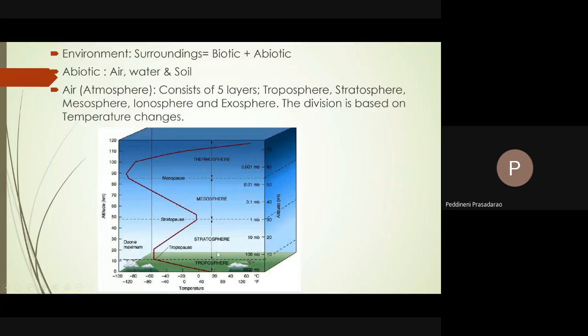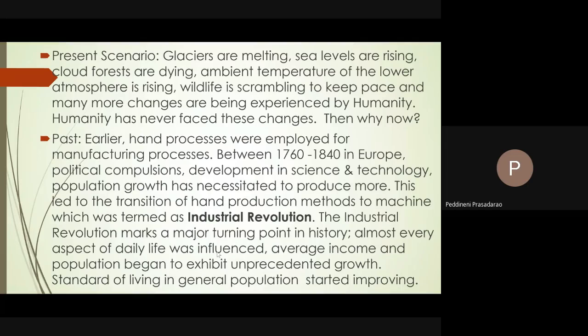When we look at global warming, I would like to look at the present scenario. When you look at the troposphere or lower atmosphere, you see certain things. Glaciers are melting.